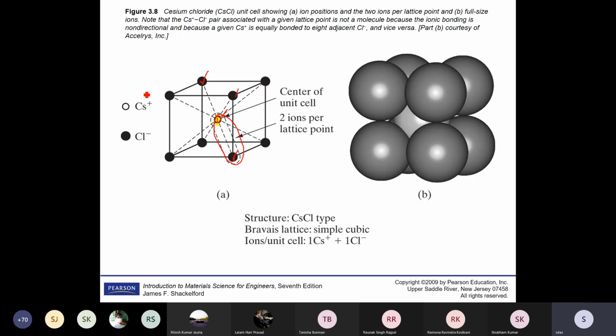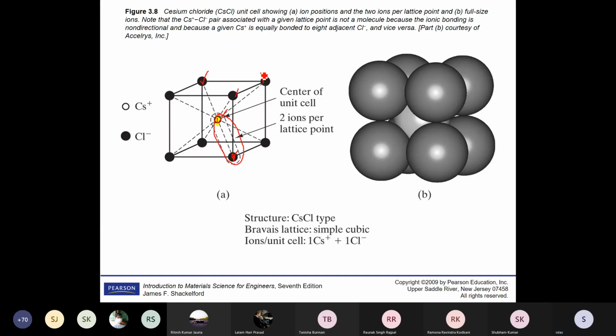One chlorine ion, one cesium ion, a pair, and assign that pair with respect to this corner position. So chlorine is sitting on the corner, cesium away, half the body diagonal away from this corner position. But as a pair, this pair is assigned to this point.